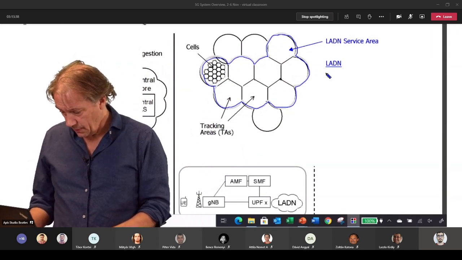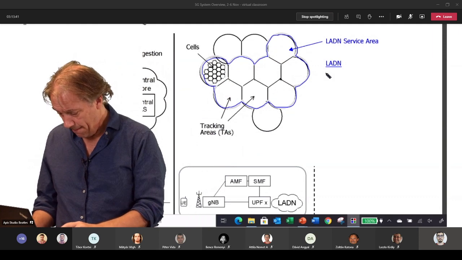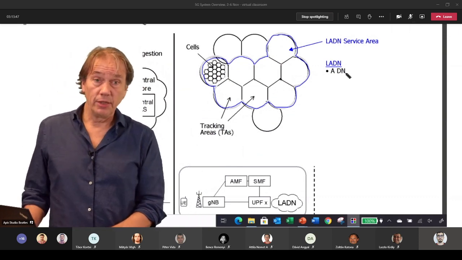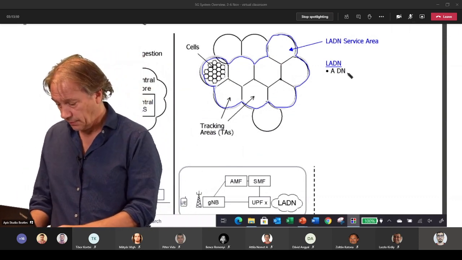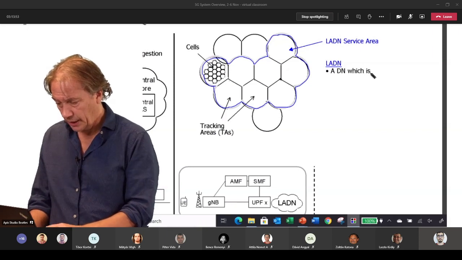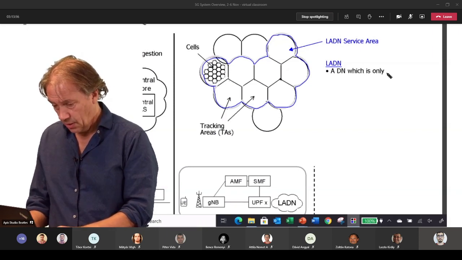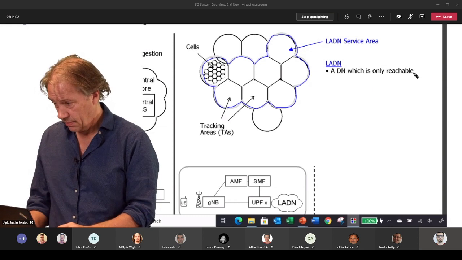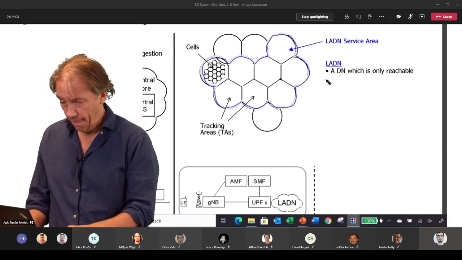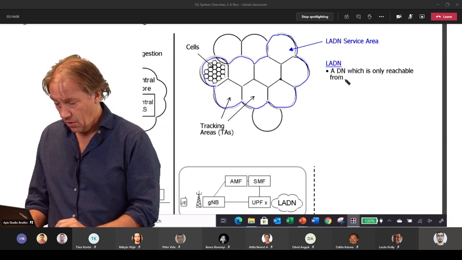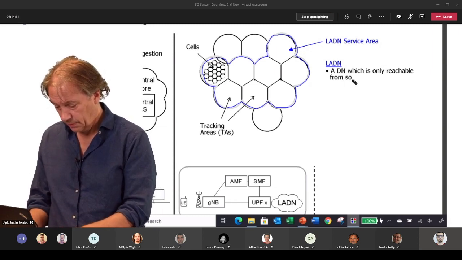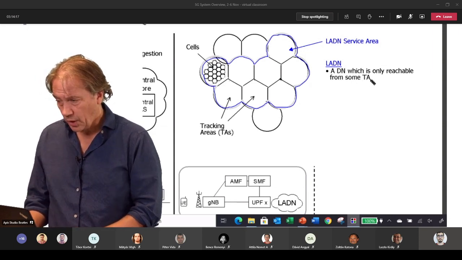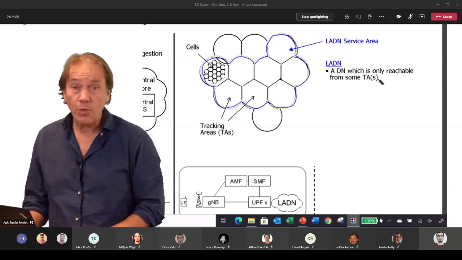So I will change to black. A DN, as in data network, which is only reachable from some tracking area or possibly tracking areas.